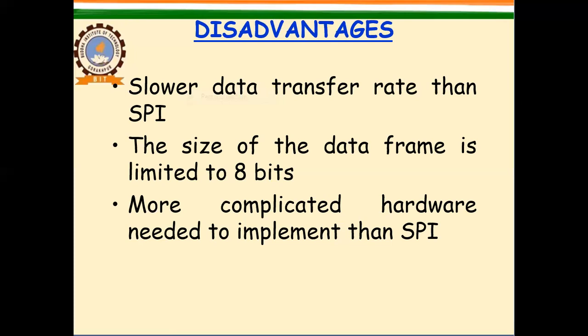So till now we have discussed only 2 protocols, that is SPI and I2C. In the next class, we are going to discuss other protocols such as UART, CAN, USB, and these connectors which are used in fast and other scenarios, like RS232, RS422, RS485. They are used in embedded systems.